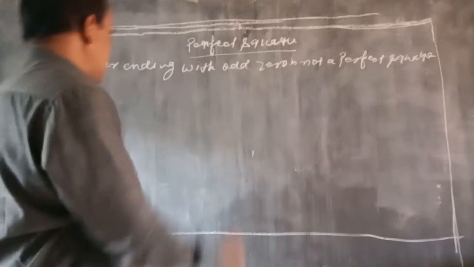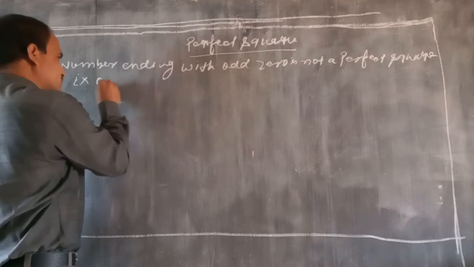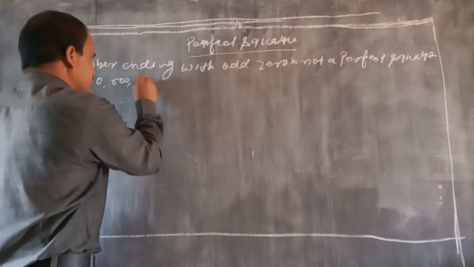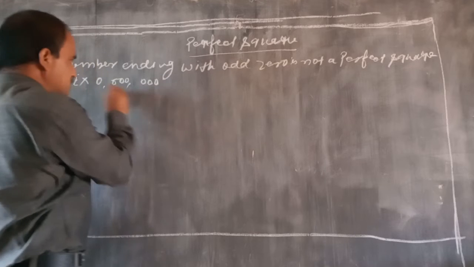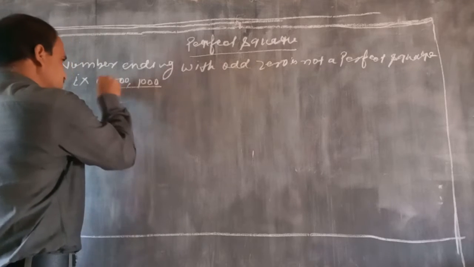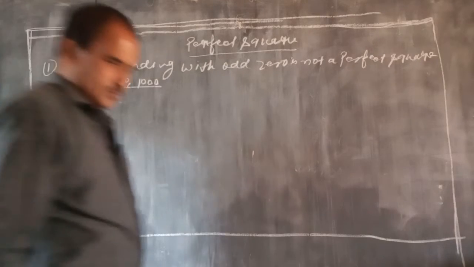For example, 1,350. The number ends with one zero, which means this number is not a perfect square.